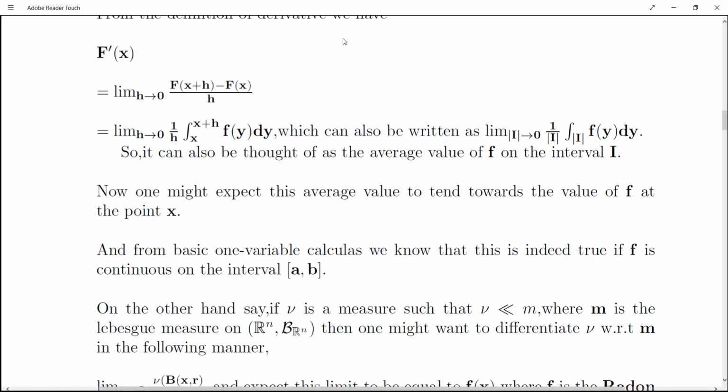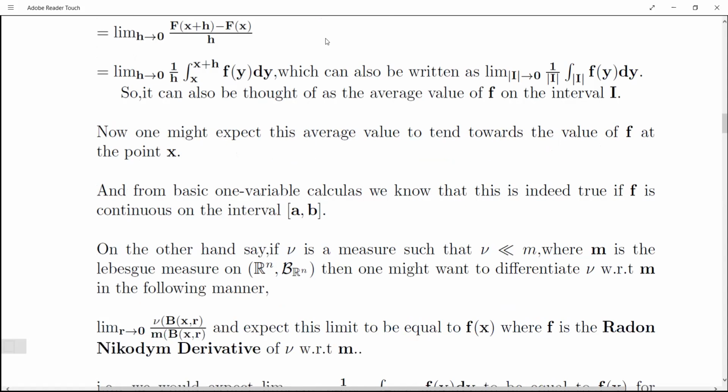On the other hand, let's take another scenario. Suppose nu is a measure which is absolutely continuous with respect to the standard Lebesgue measure m on the Borel sigma algebra.